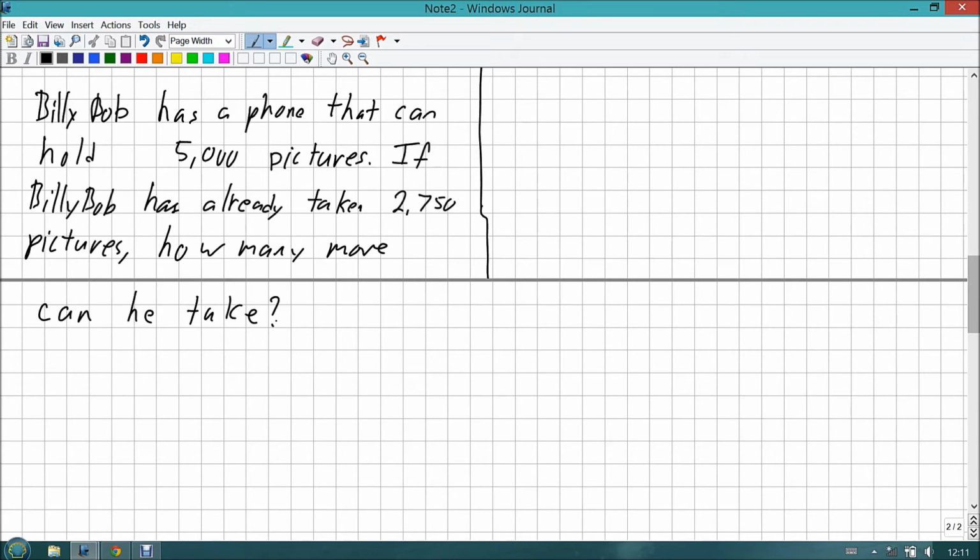So if we're using an inequality for this one, we would say, all right, well, how many total pictures can Billy Bob make? And then that has to be something equal to or greater than, some relationship to the number of pictures he's already taken plus the number of pictures that he can take.